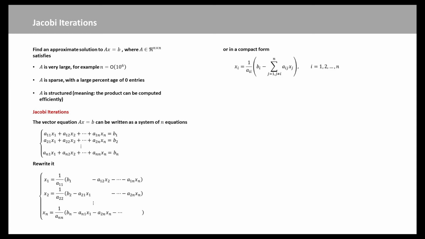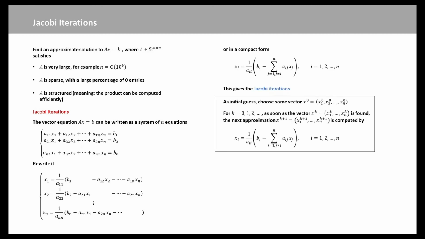I can also write it in a compact form. For the i-th equation, I will just get this expression, where all the other terms I put in the sum over j equals 1 to n of aij xj, except the point where j equals i, and that one I leave on the left hand side. This goes through for all the equations.